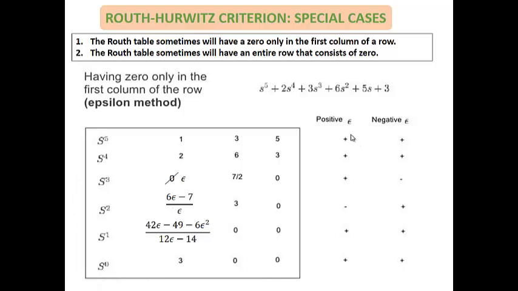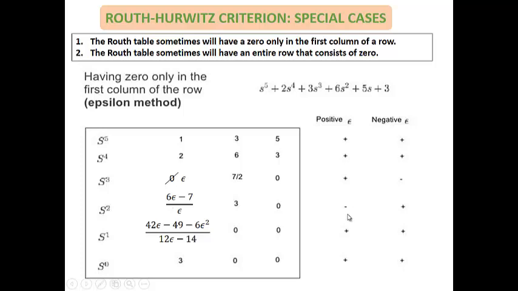Okay, so bila you dah complete dekat sini, so kita boleh membuat pembandingan, either the epsilon will be positive or epsilon will be negative. So from here, if we consider epsilon ni adalah positive value, so we can get the value here is positive, right? But from S2 here, if the epsilon is positive, you will get the result is negative.